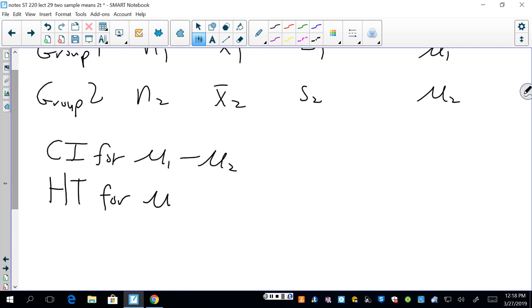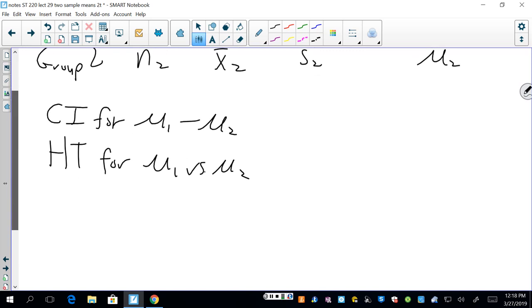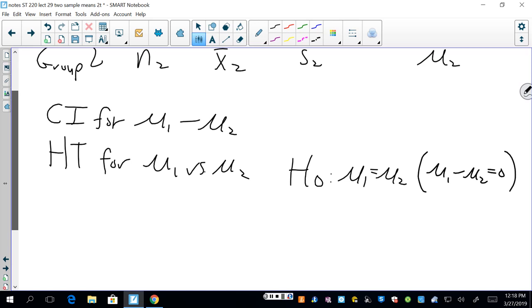Or we could do a hypothesis test for comparing them. The most common hypothesis test is that they're equal, which implies that the difference is 0, and the alternative is two-sided, that they're not equal.